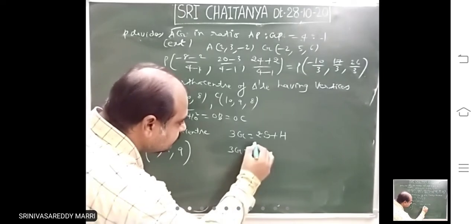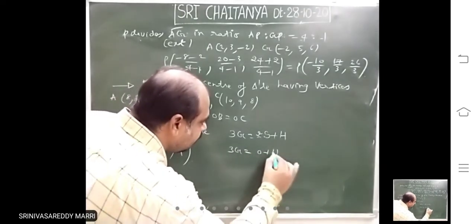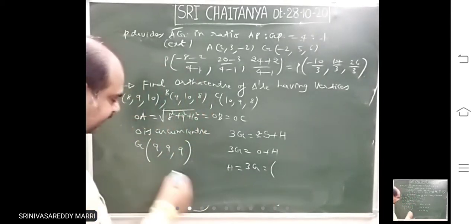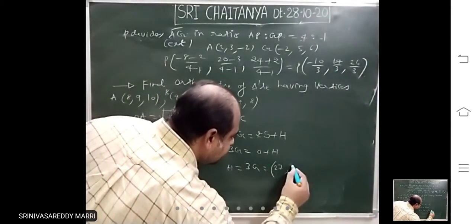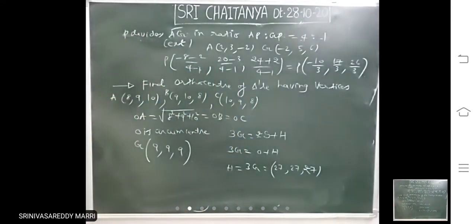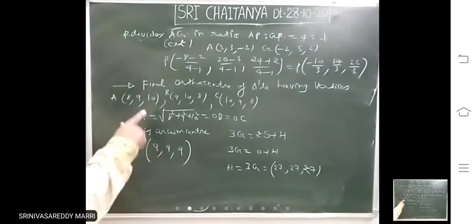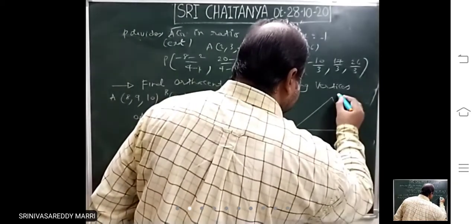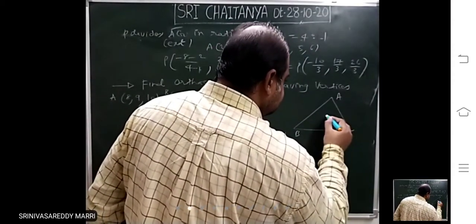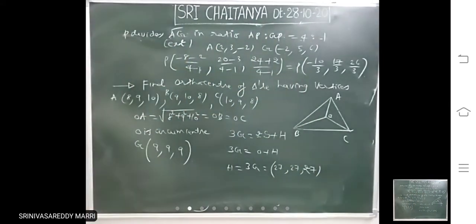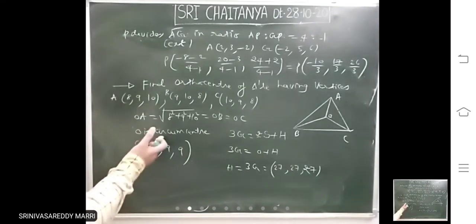That means S is the origin, so H is nothing but 3G. 3 into centroid is 27, comma 27, comma 27. First you find the distance from the origin. The origin is equidistant from all the vertices, so it is the circumcenter.